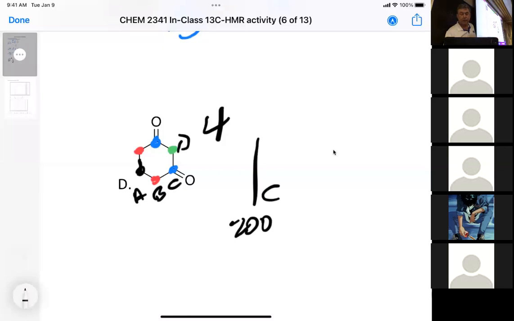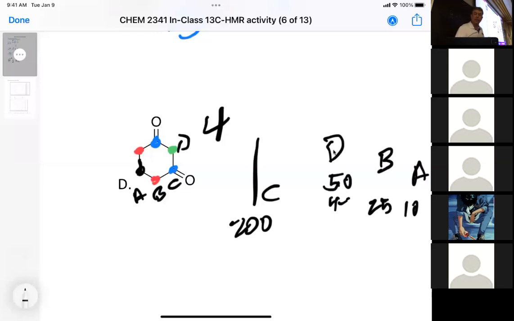So that's going to be closer to, you know, like 40 or 50. We're going to have D, and then we're going to have B, and then we're going to have A way down here around 10 or 15, 25. Okay. So see how you can construct what you should be seeing in your spectrum.